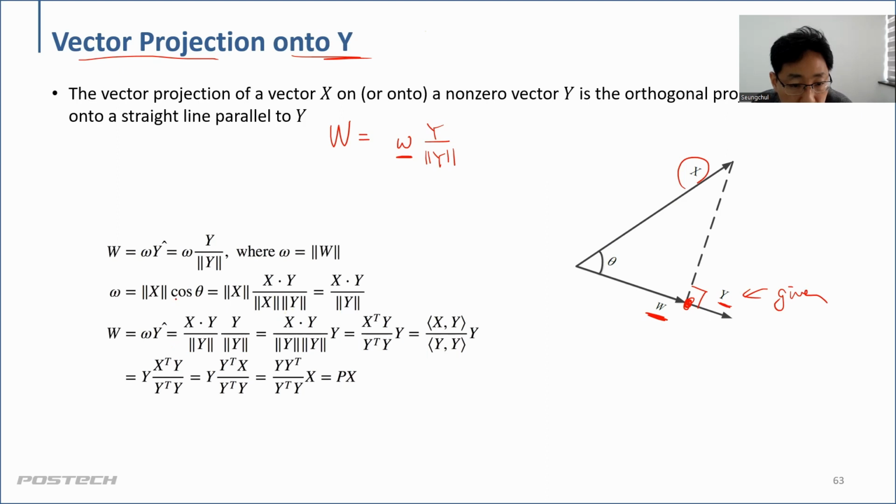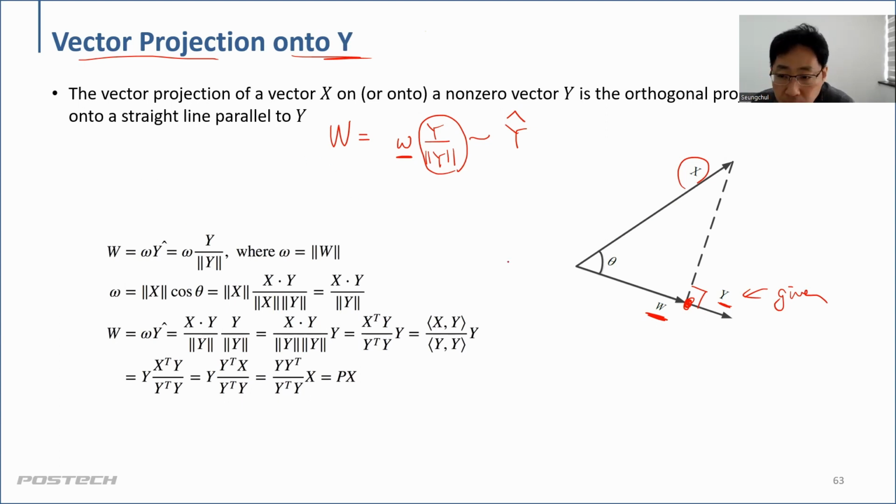Say this is the unit vector: its length is 1, and its direction is the same as y.